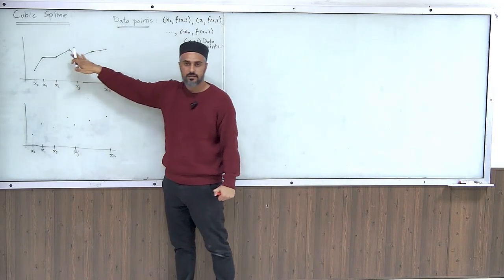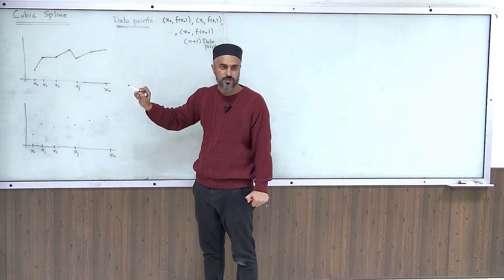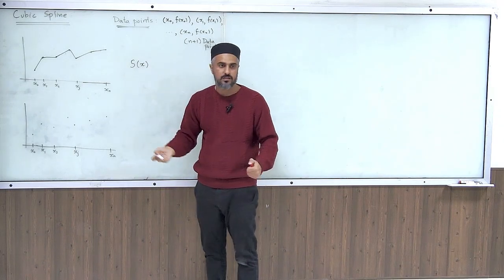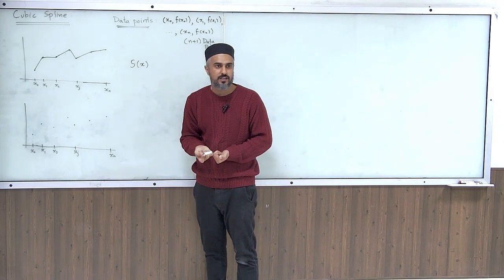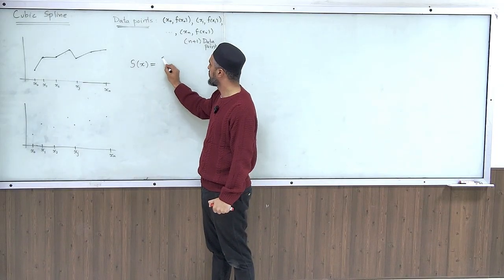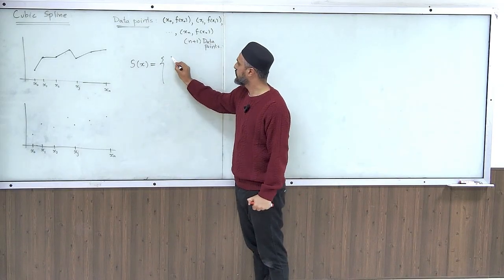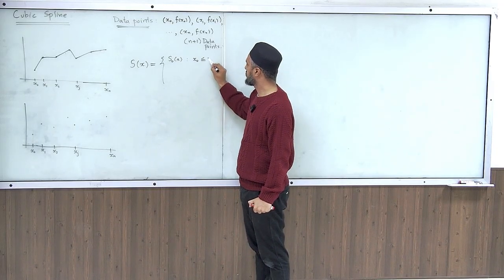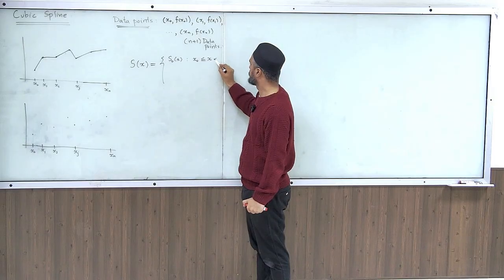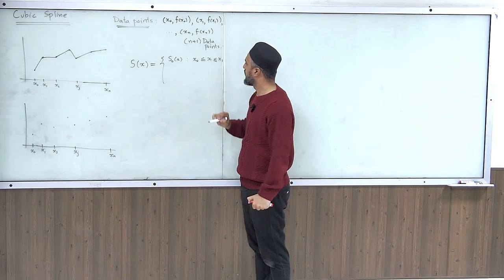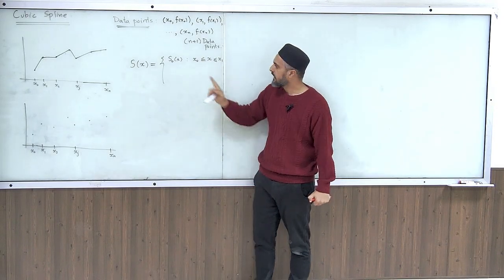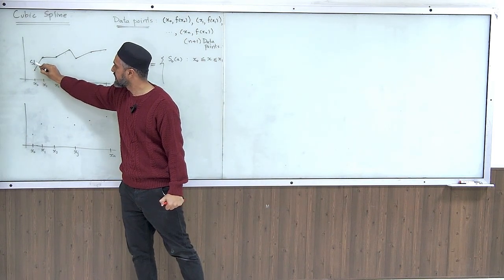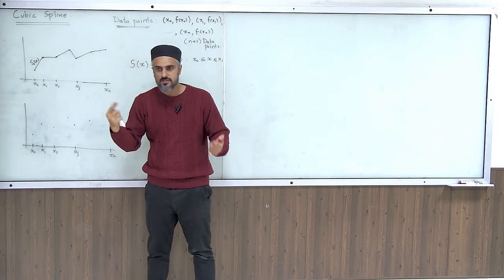But this curve is defined by what? Let me call S of x the total polynomial that we have constructed. This polynomial will be S naught of x from the first two points, from x naught to x1, where S naught is applicable. S naught of x is the first straight line.